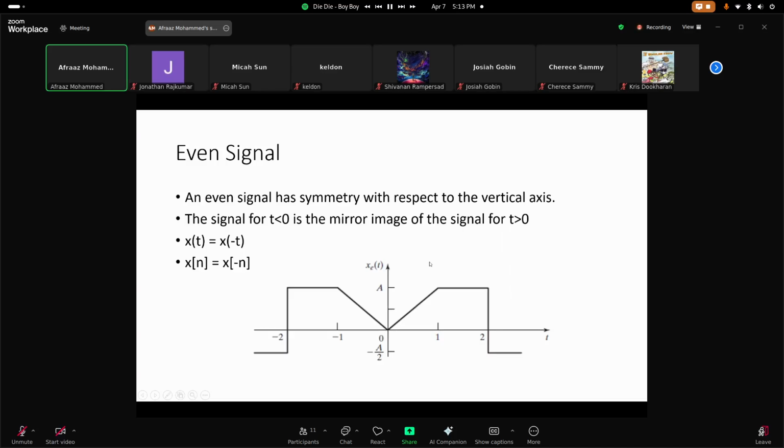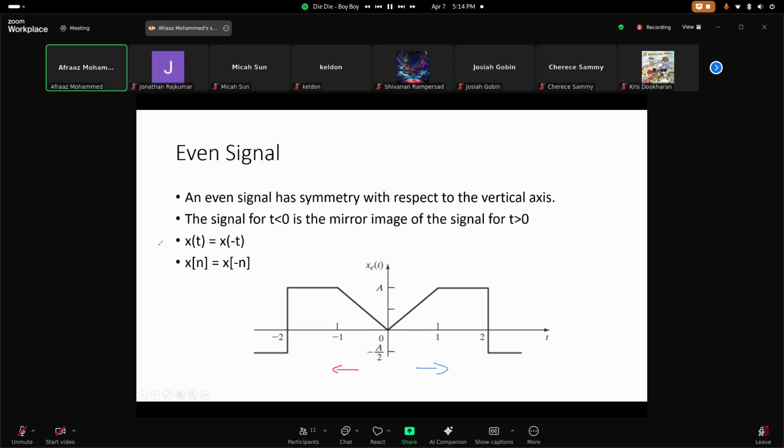The next one is a signal that could be even, and an even signal has a symmetry with respect to the vertical axis. So what's going to happen is the signal at time t less than 0 is an image of the signal for time t greater than 0.